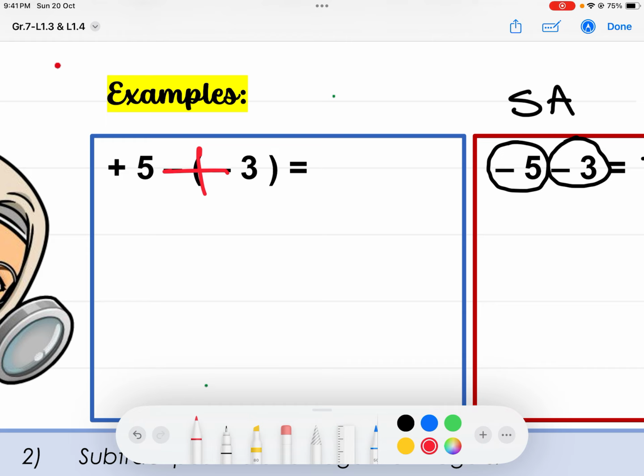Whenever you see two negatives, just unite them, combine them. Put them together and they turn into positive. And now let's circle. 5 is positive. 3 is positive. Same sign, I will add. 5 plus 3, 8. And the sign will be positive. They're both positive. Okay, guys?